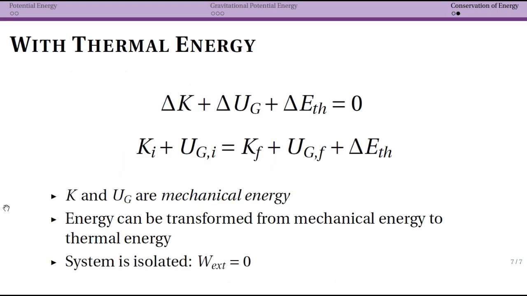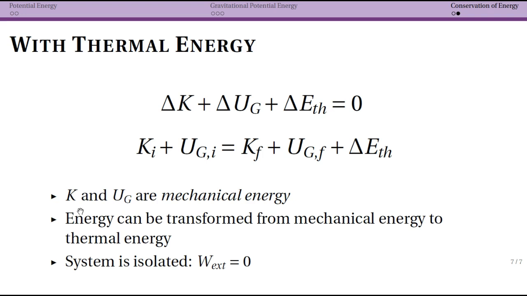Let's now expand our energy model a little bit to include thermal energy. And thermal energy we met in chapter 9, and ideally is coming from something like friction. So the idea being that friction warmed up the surface and took some of our macroscopic energy and turned it into microscopic energy that now we can't actually get back.